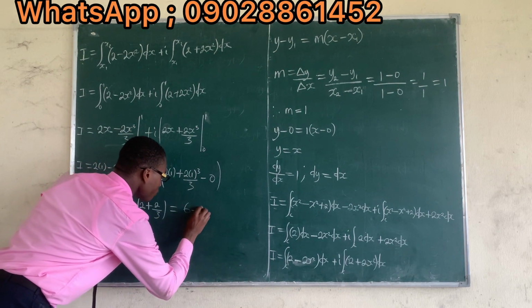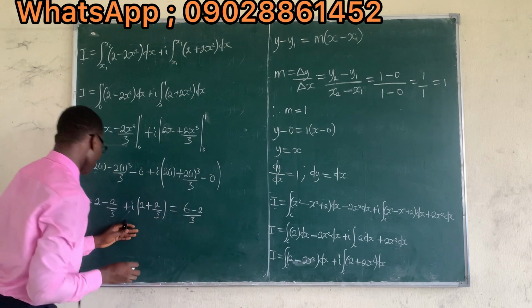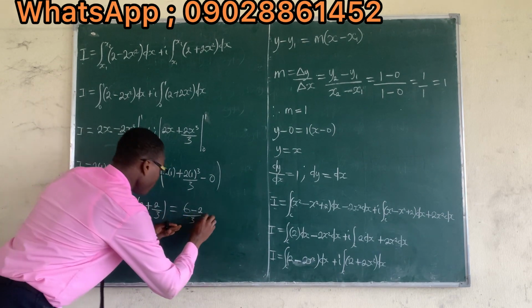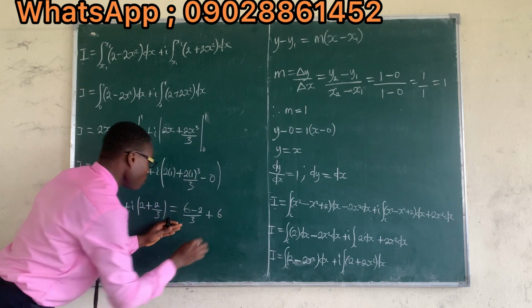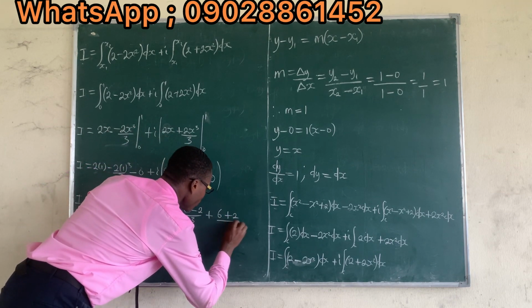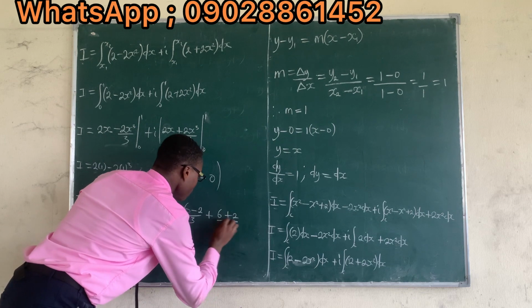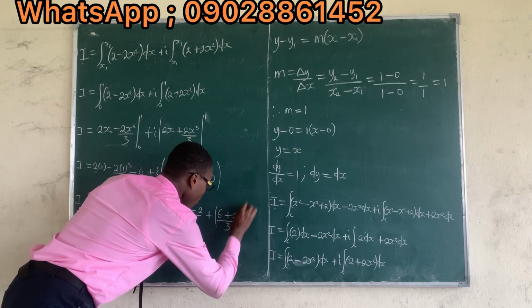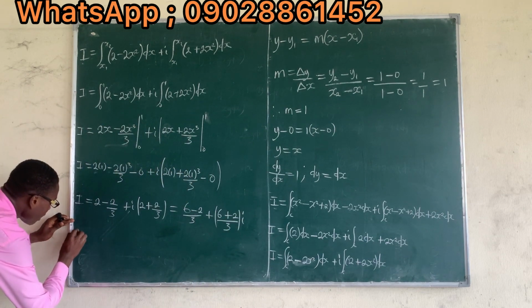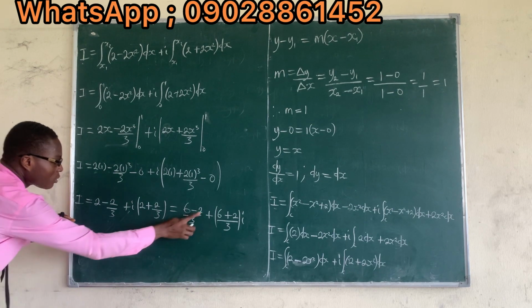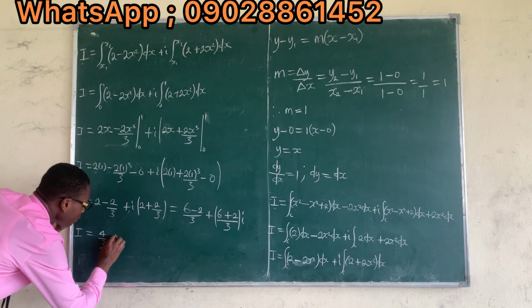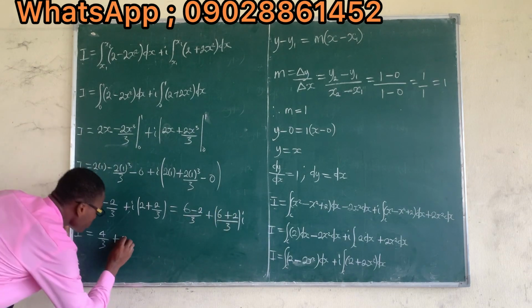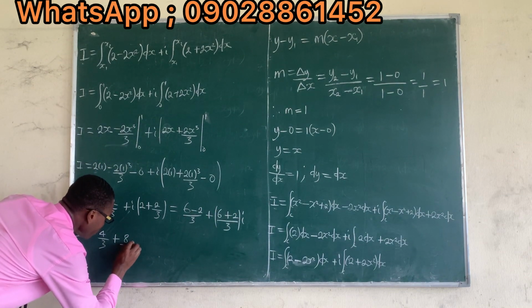This will give us 6 minus 2 over 3 plus (6 plus 2 over 3) multiplied by i. So we have I equal to 6 minus 2 is 4, 4 over 3, plus 6 plus 2 is 8, 8 over 3 i.